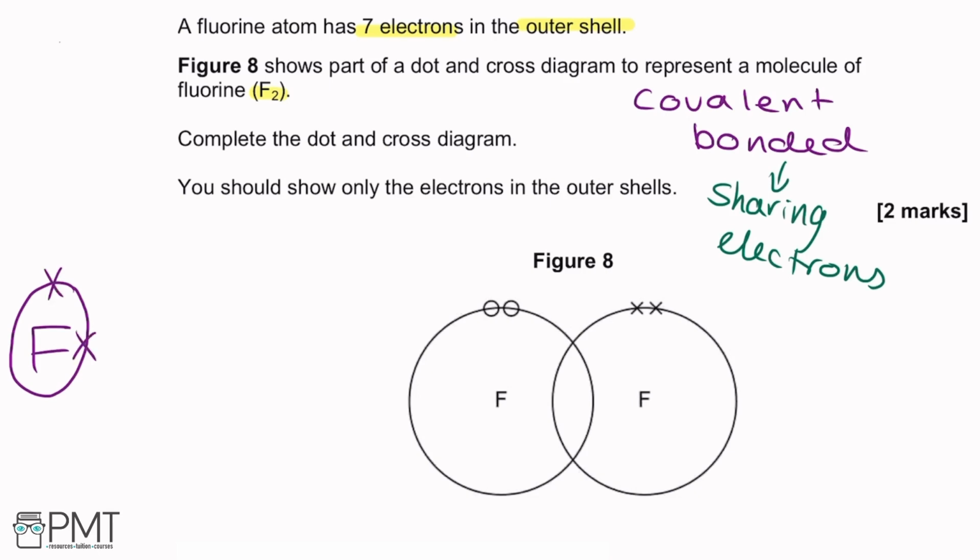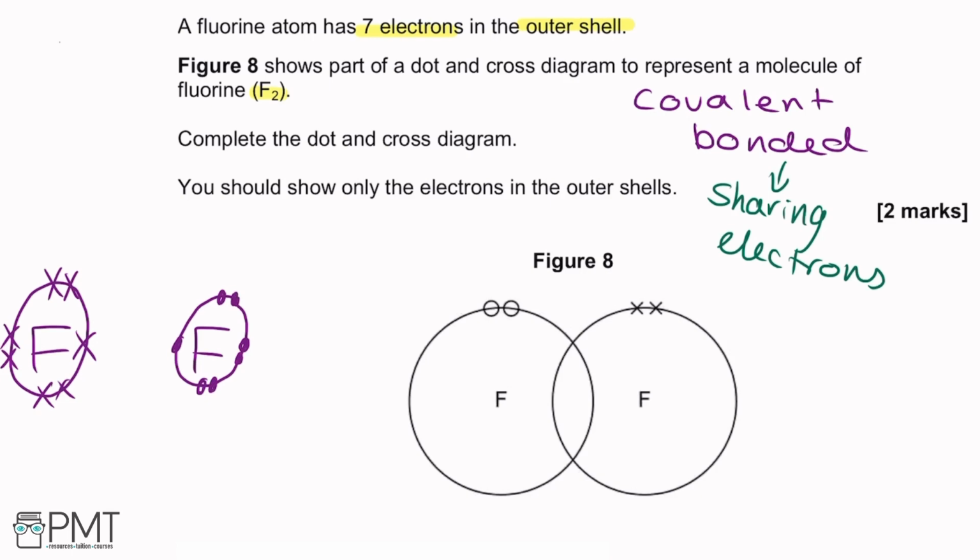First of all, we put the electrons in unpaired, and then we start to pair them up. So we get something like that. Now let's draw another fluorine atom, and this time I'm going to use dots instead of crosses. And we can see something like this.